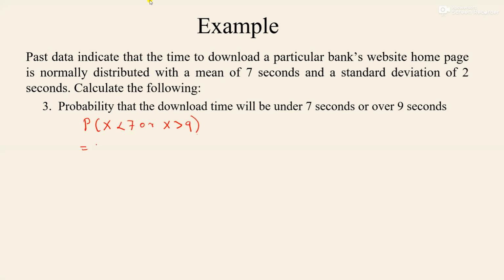So it is the probability of X less than 7 plus the probability of X greater than 9.